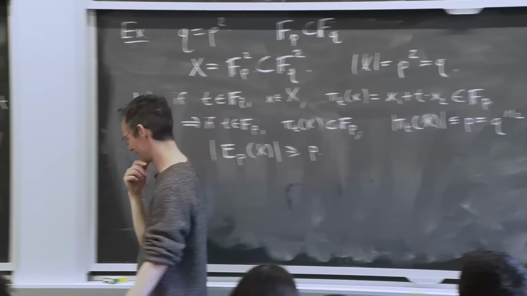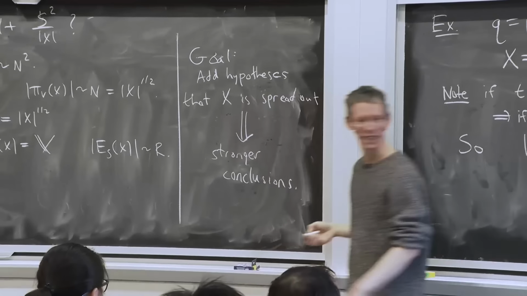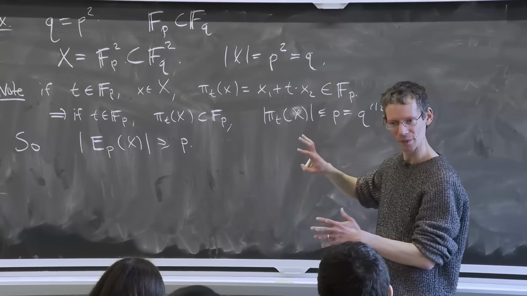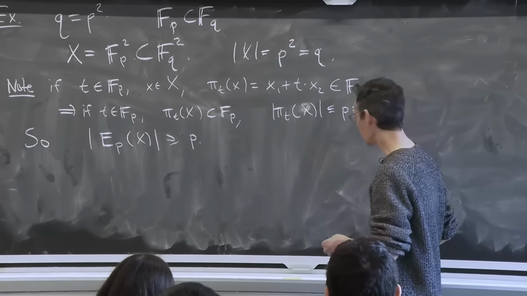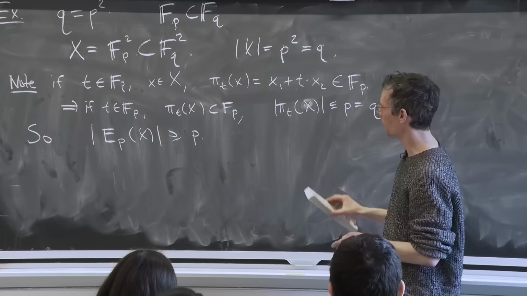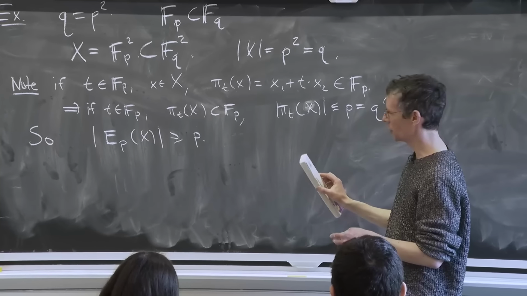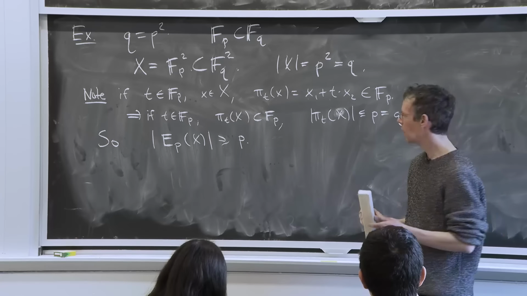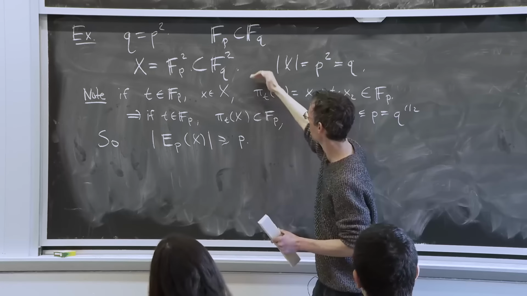OK, cool. In the last 15 minutes, I wanted to mention to you some other parts of math that this connects to. One connection is to a part of combinatorial number theory called sum product theory, which we'll see fits in naturally with this issue.